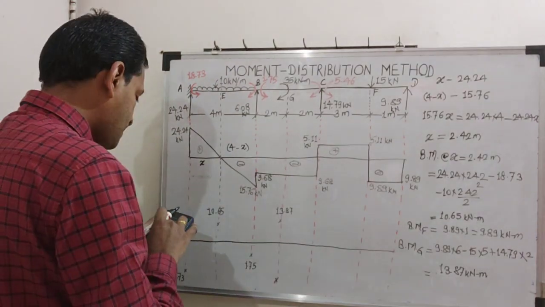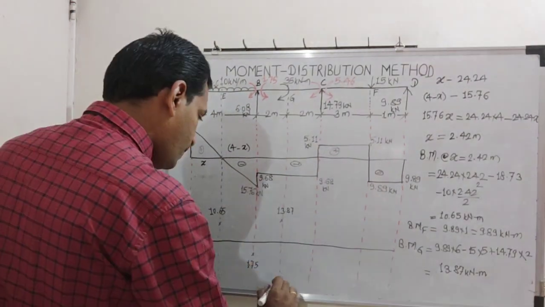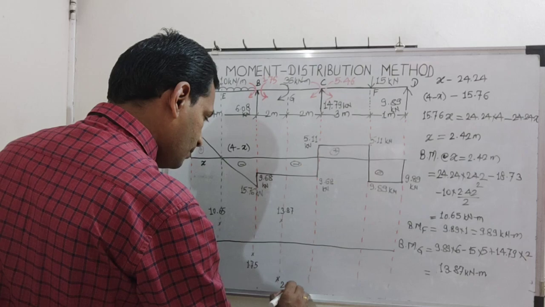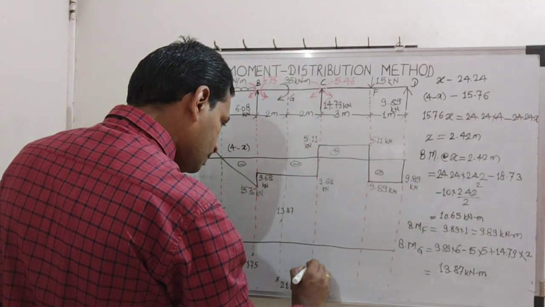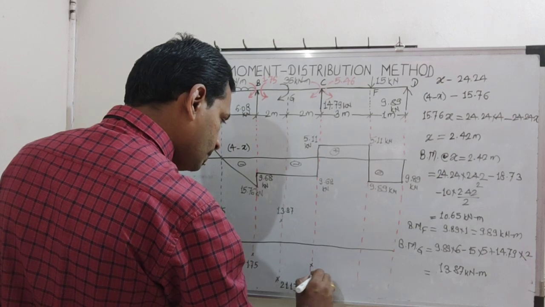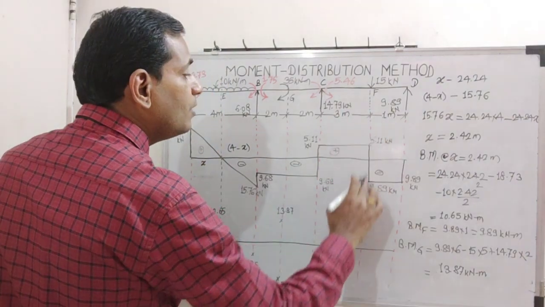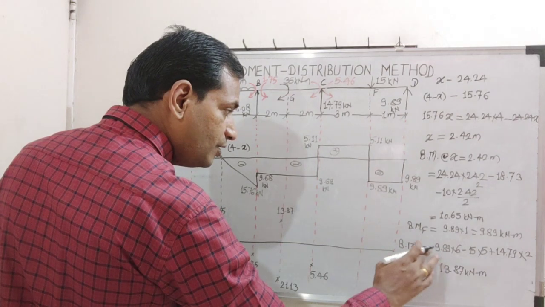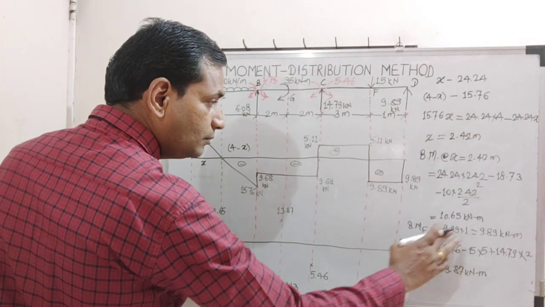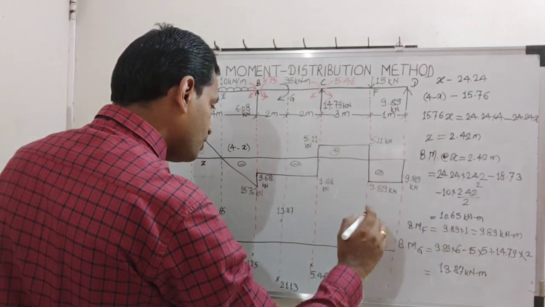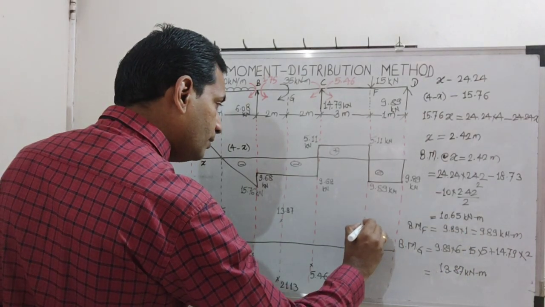This is 21.13. Here the value is 5.46. Here the value is 9.89. Is it plus? Yes, it is plus 9.89.